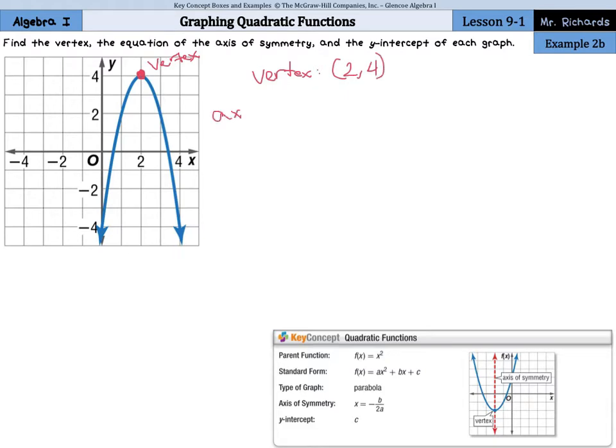And then for our axis of symmetry, this is the dotted line that goes through the vertex, which is right here, where our parabola is symmetrical around.